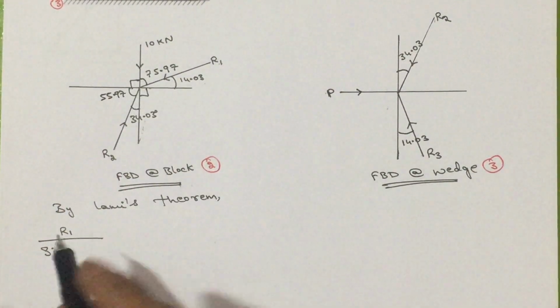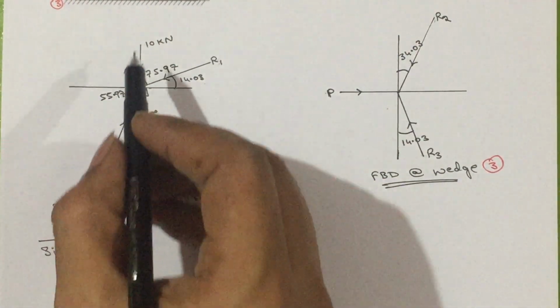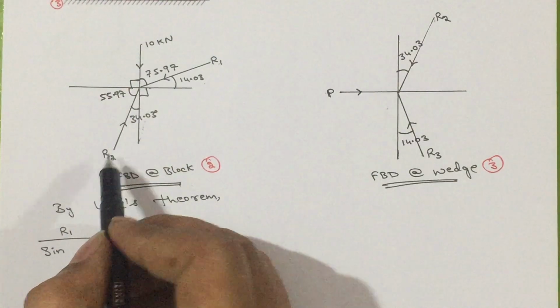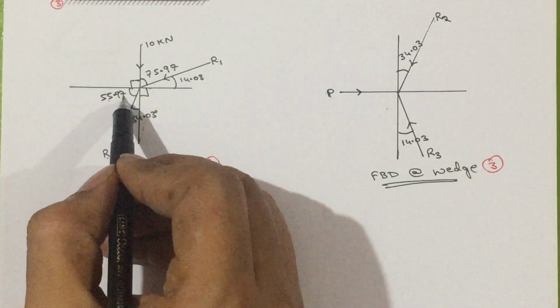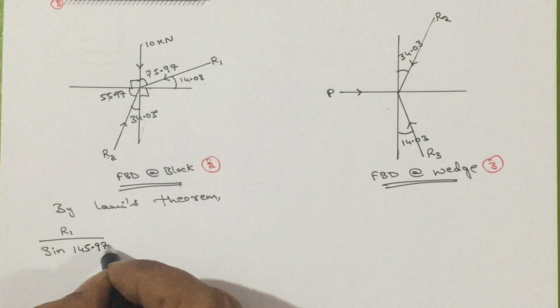Now calculate it. R1 divided by sine of the angle between the other two forces. The other two forces are 10 and R2. The angle between them is 90 plus 55.97, that is 145.97.